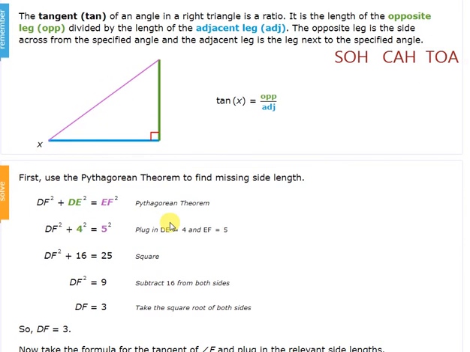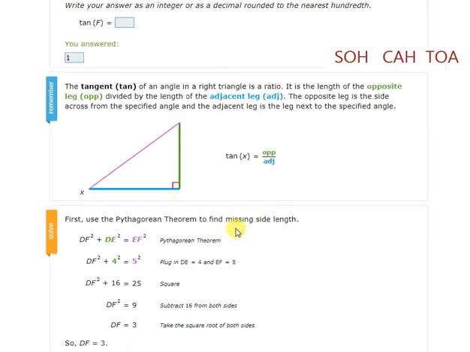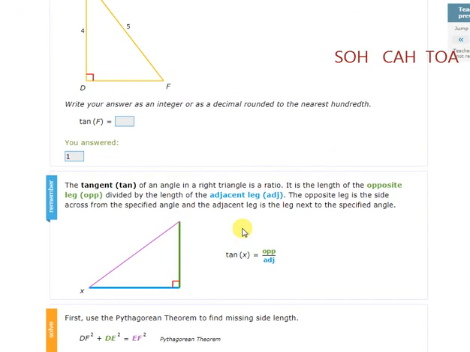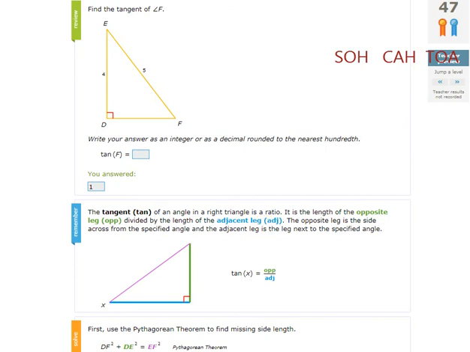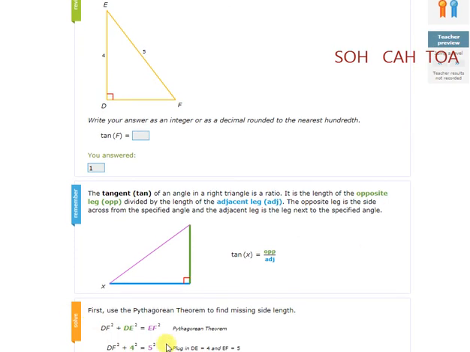Why am I discussing this? Because in this case you have to first look for something. I need to show you by closing this down. Okay, I hope you can easily see that. According to the Pythagorean theorem, the hypotenuse squared is equal to the sum of the squares of the other two sides. According to this triangle, EF is the hypotenuse because it is opposite to the 90-degree angle.